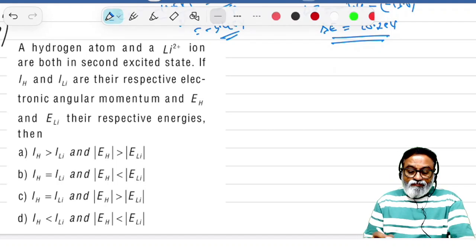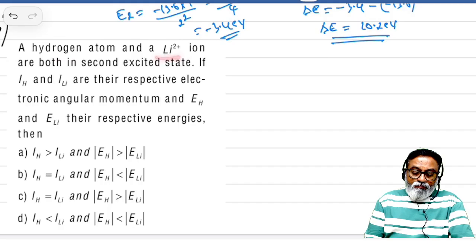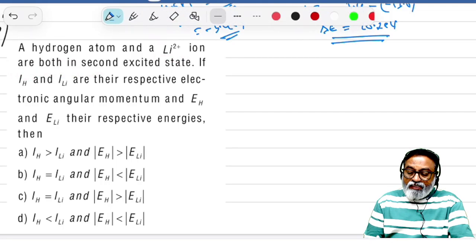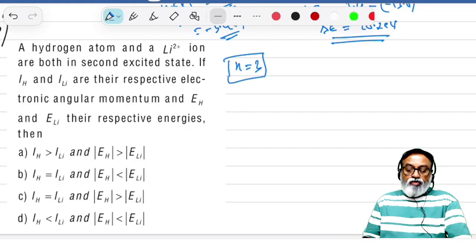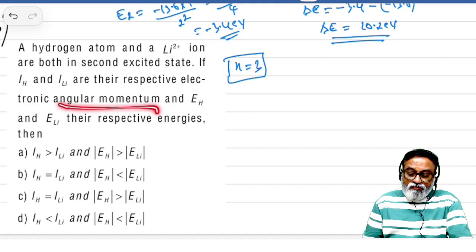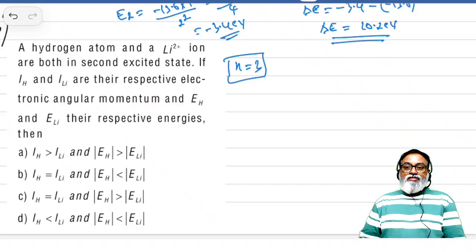Next one. A hydrogen atom and a lithium 2 plus ion are both in the second excited state. Both in the second excited state means the principal quantum number n is equal to 3. If LH and LLi are their respective electronic angular momentums, and EH and ELi are their respective energies.